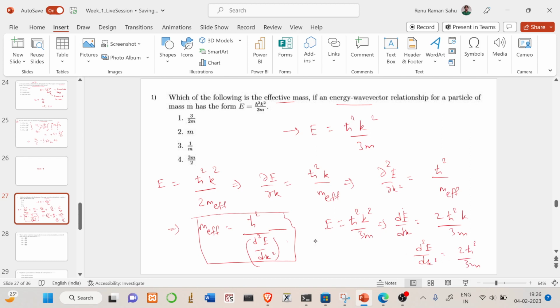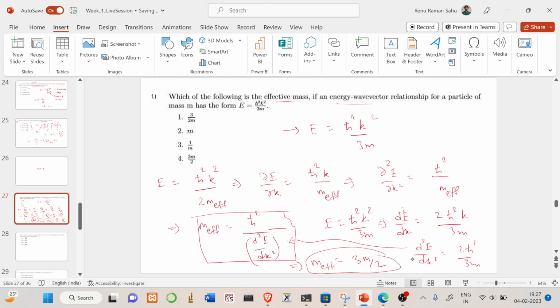Now you just put it over here, so m effective will come out to be 3m over 2. So this is your answer.